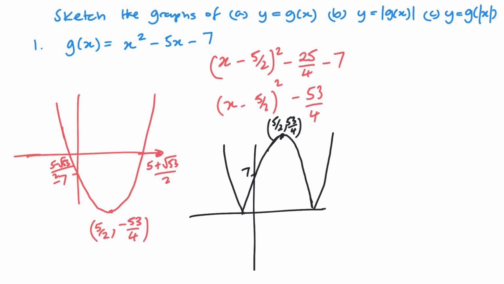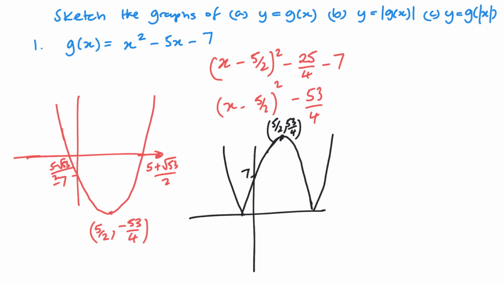And then the final one, when x is positive. Let's just try and give myself a little bit more room here. So it's just this positive part of the graph here, and then the same on the negative side.